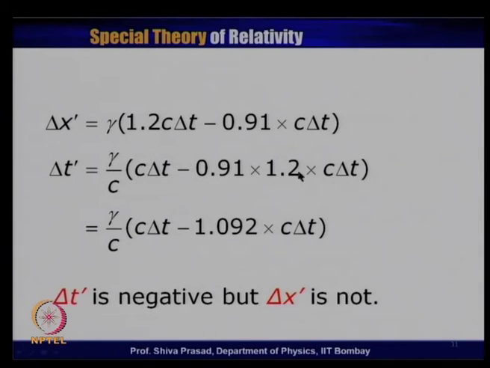Here, instead of 1.2, if this particular factor was something less, I could have still chosen an appropriate value of v to make this particular factor greater than 1. So, even if it is not 1.2, but 1.1, I will make this factor slightly larger. So, I can still find some particular frame of reference with a very large value of v, in which this delta t prime will turn out to be negative.